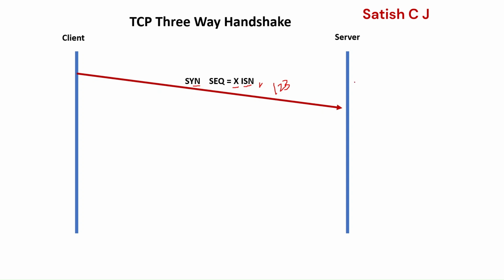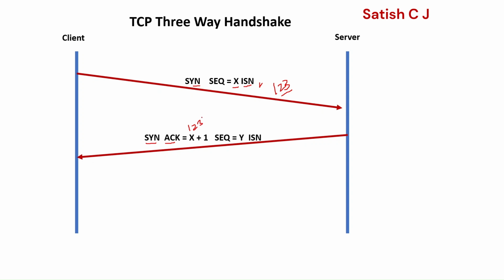The server understands there's a TCP three-way handshake initiated by the client. So now the server will acknowledge that by sending a packet with the SYN flag set to 1, and the acknowledgement is going to take the ISN generated by the client and increment it by 1. Let's say it is 123 plus 1, so it will be 124.